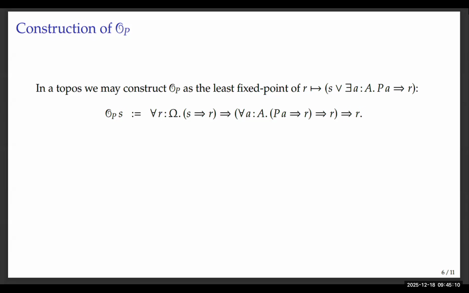And so when you write down what the least fixed point is, you actually get a formula that is well known, at least to some people here, I would imagine. If you read it, it's just Tarski's fixed point theorem. It says for all R, this is the least fixed point of that statement. But I rearranged the ORs. I got rid of the ORs and just wrote everything using implications. And so this formula also appears in various places.